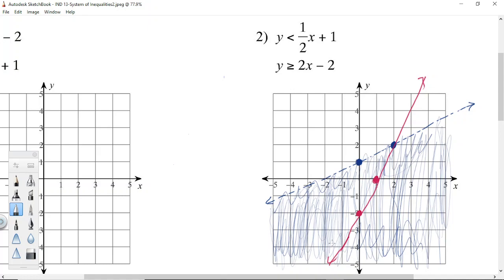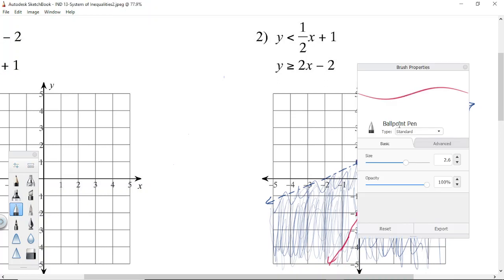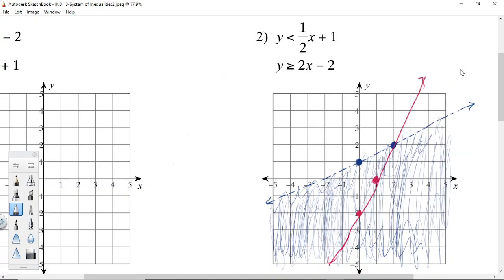And we're shading above this one because it's greater than or equal. So we'll make our line really fine again. Maybe not quite as fine as last time. And we're shading above the red line.